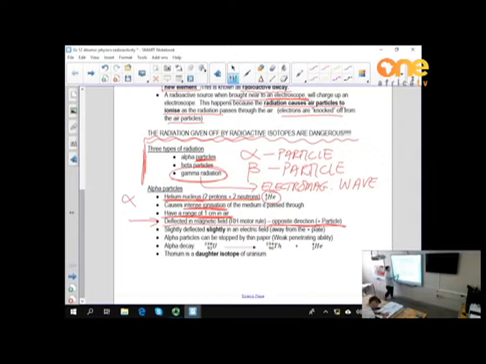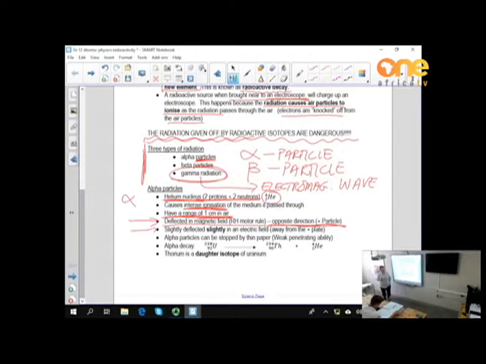The next property, it will slightly be deflected in an electric field. In terms of a single electron being deflected, an electron is a very light particle. It will be deflected, but not radically.